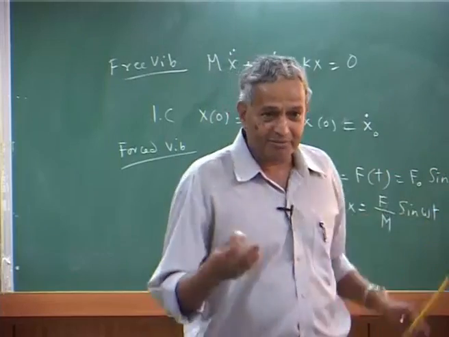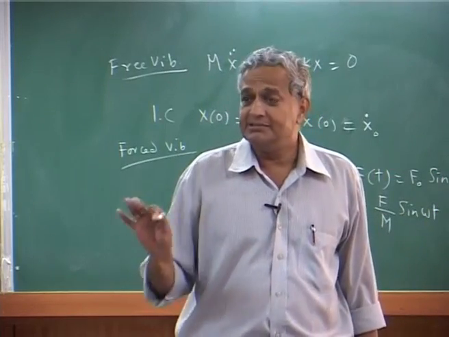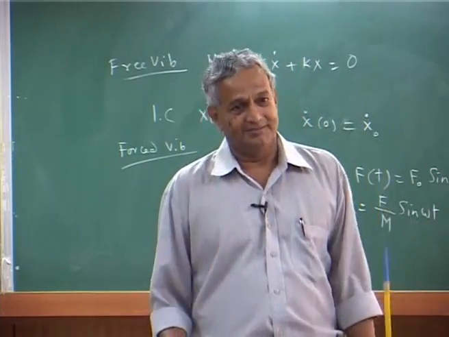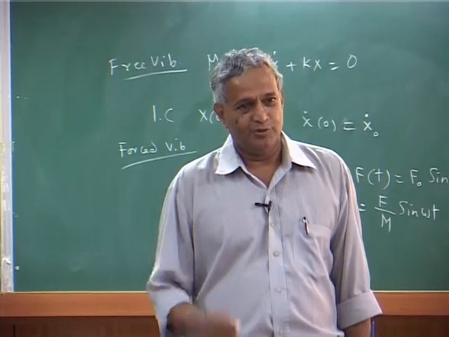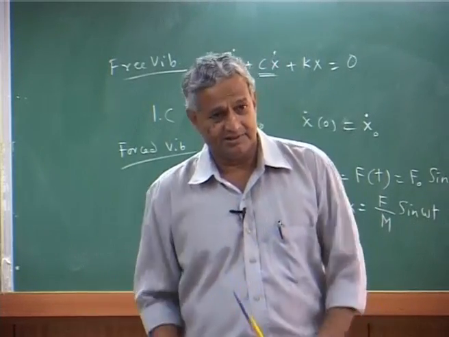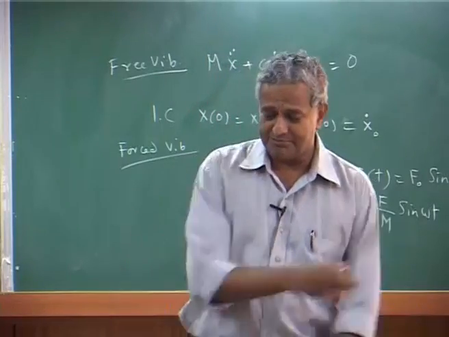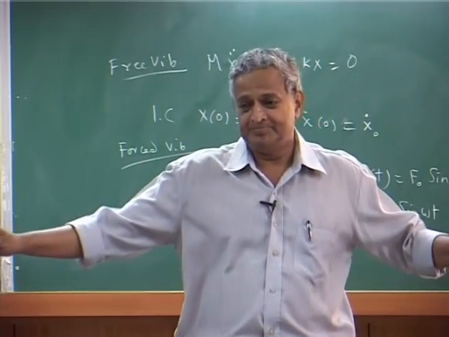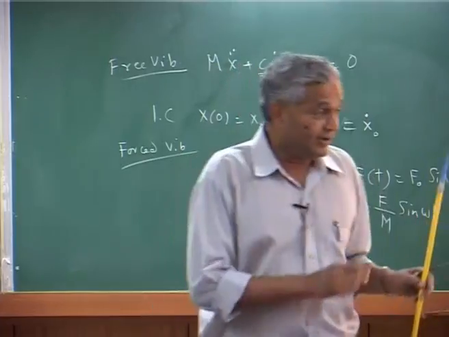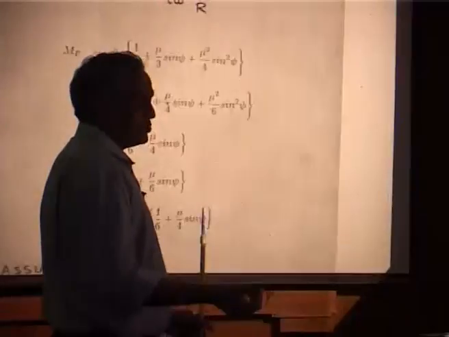Same thing you can do for the operator method. It really does not matter, both are harmonic balancing only. One is you doing integration and get the equation, another one is collect all the terms, multiply everything, then write. When you do that, this is what you get, because I am not doing all those algebra.